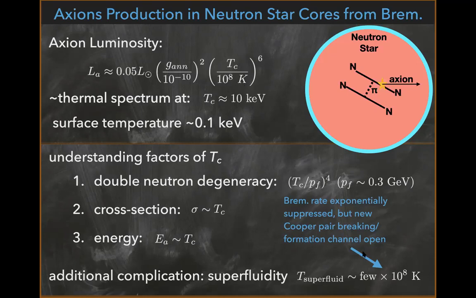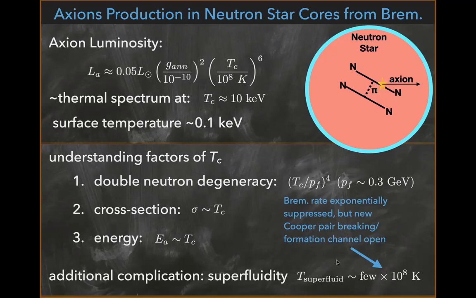Although this superfluid transition temperature is a strong function of density, which is also a function of your equation of state, which is also unknown for neutron stars. So there are many unknowns which enter into this process. Unfortunately, those unknowns enter into the exponent of an exponential suppression.